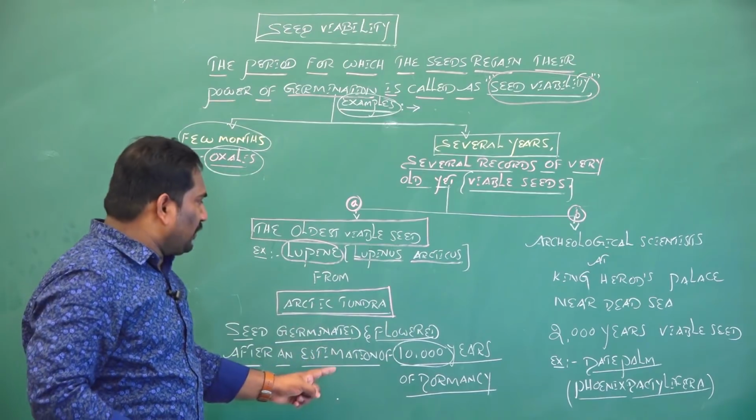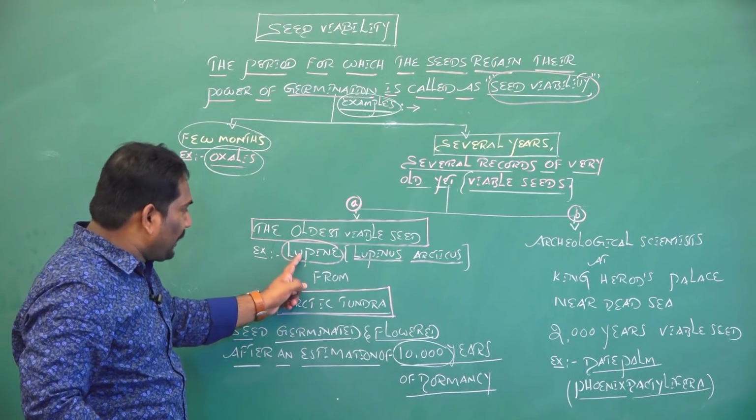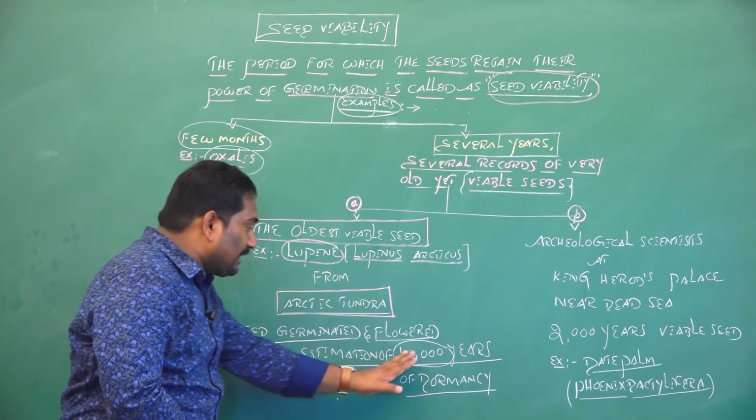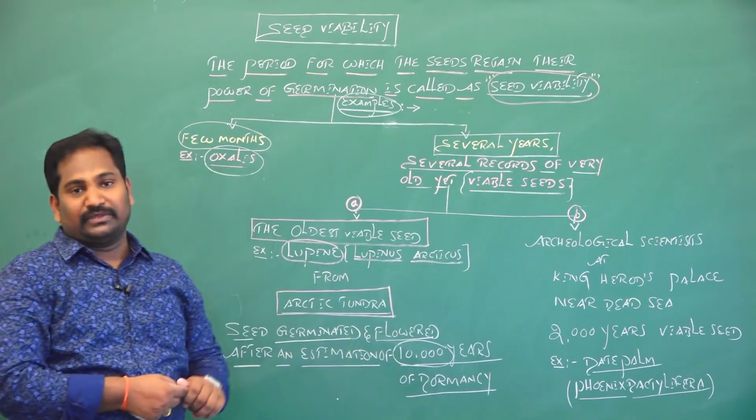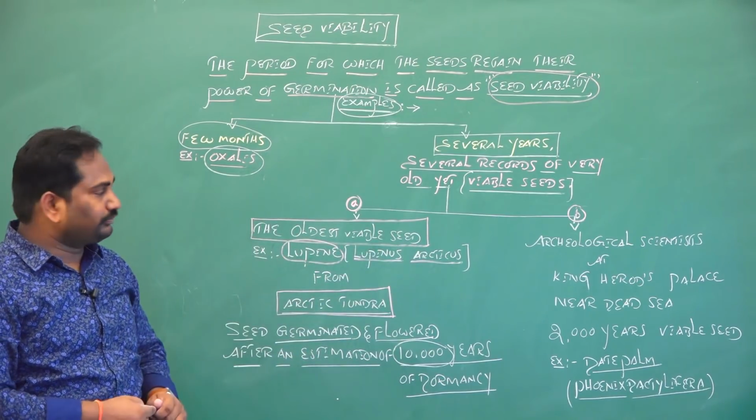So the seed viability of lupine, Lupinus arcticus, is 10,000 years. It is the oldest yet viable seed in the plant kingdom.